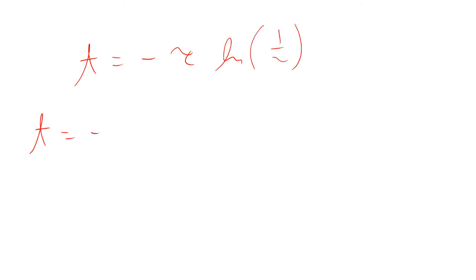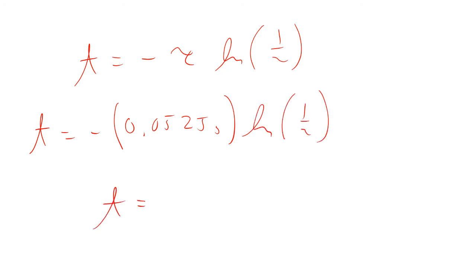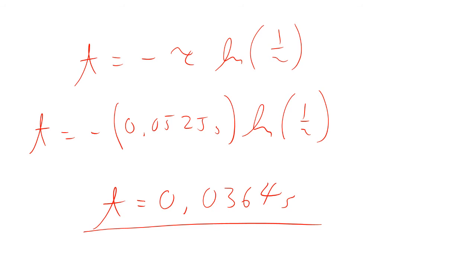So t is going to be minus 0.0525 seconds times the natural log of 1/2. So the time is going to be equal to 0.0364 seconds. That is how long it takes to get halfway charged.